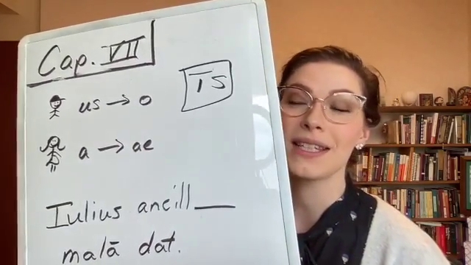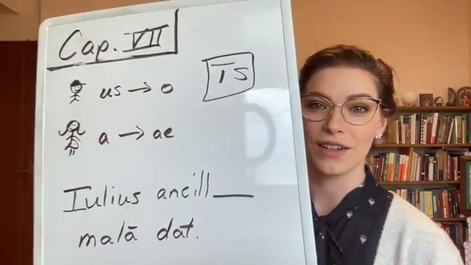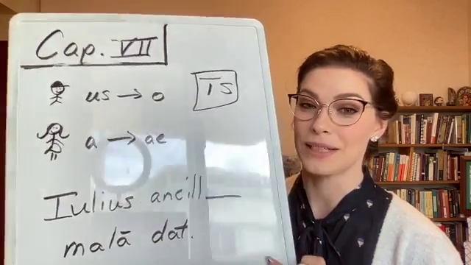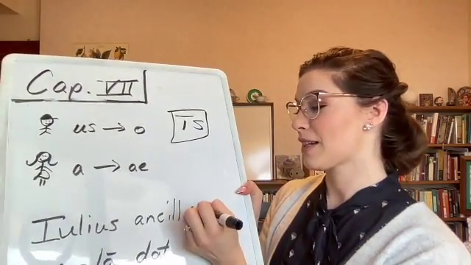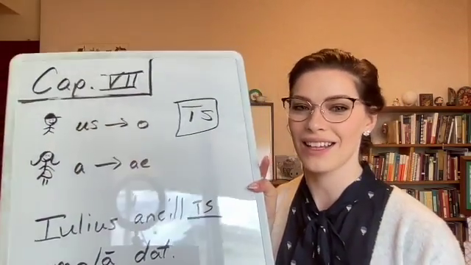On your whiteboards. 7, 6, 5, 4, 3, 2, 1. Boards up. Oh my goodness, you guys are so smart. It's definitely not on my whiteboard. Ancillis. Okay, so is everybody feeling fairly confident? Hopefully.